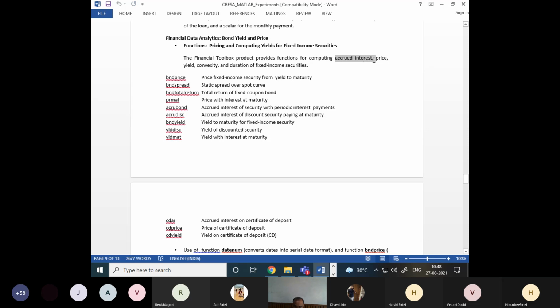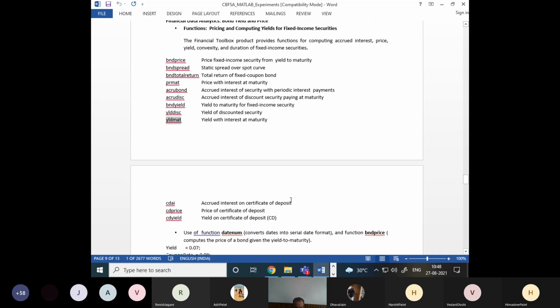There are functions which calculate this accrued interest. The bond price function is very important, and the yield to maturity function is also very important. Then there are other functions you can refer to, such as the accrued interest function, acrubond, which gives you the accrued interest.